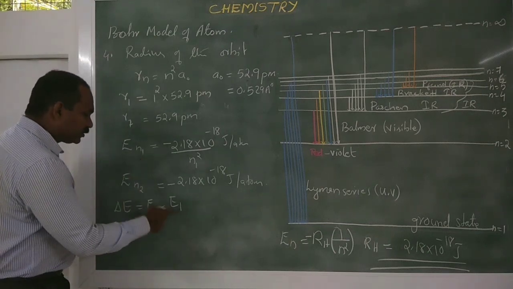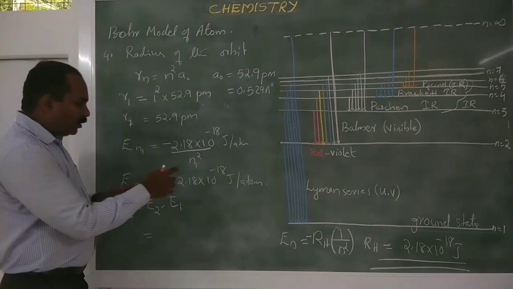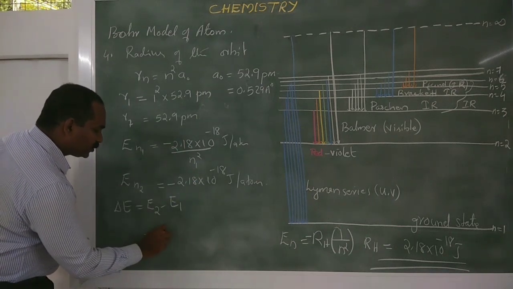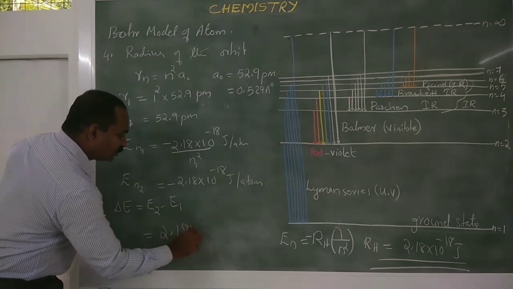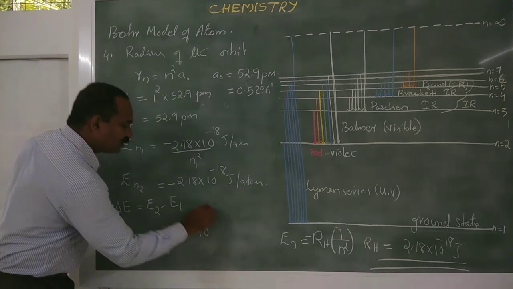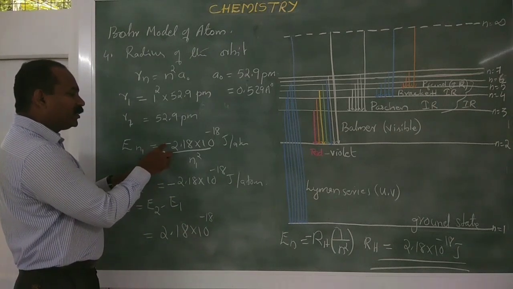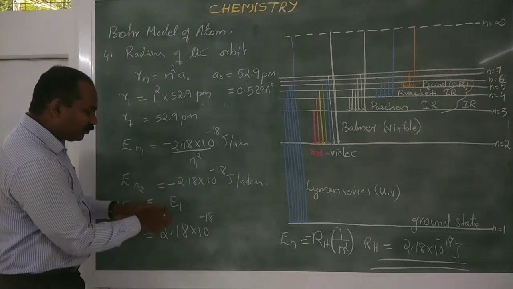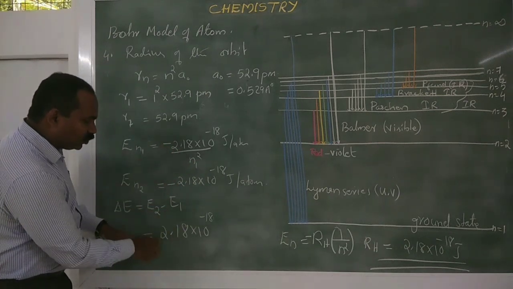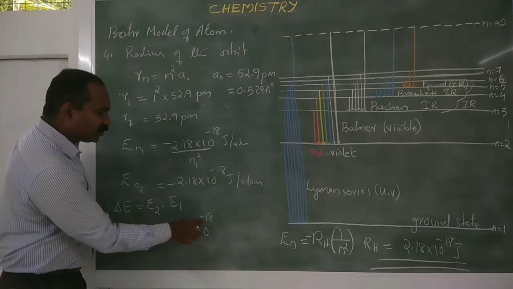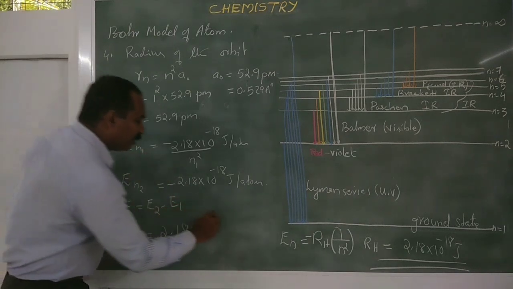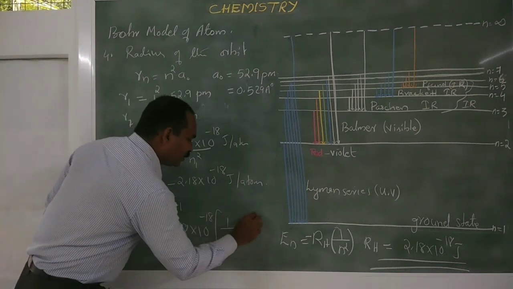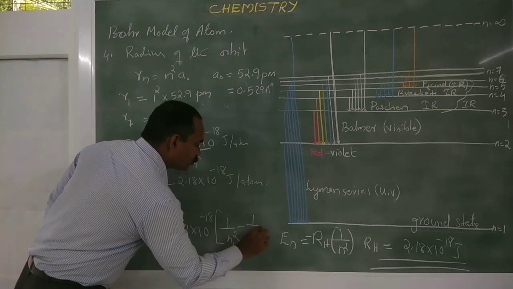Are you clear? By subtracting this value from this and rearranging, we get 2.18 into 10 raised to minus 18. Minus of minus becomes plus, and 2.18 into 10 raised to minus 18 is common, into 1 divided by n1 square minus 1 divided by n2 square.